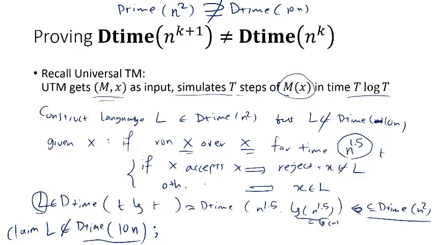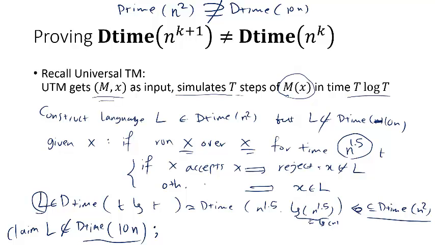This is the last part of today's class. So go step by step. Let's assume that L in fact belongs to time 10n. What does it mean?